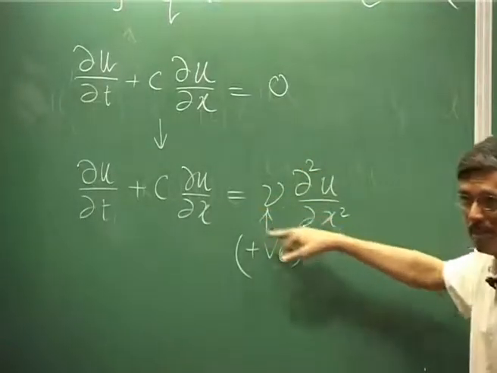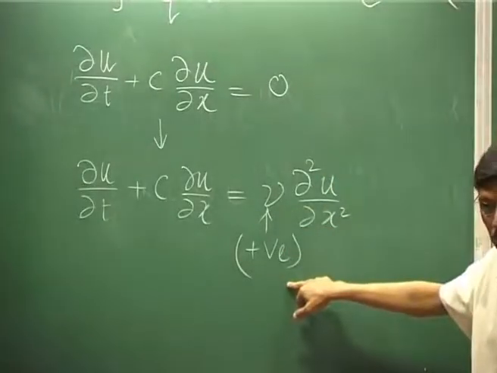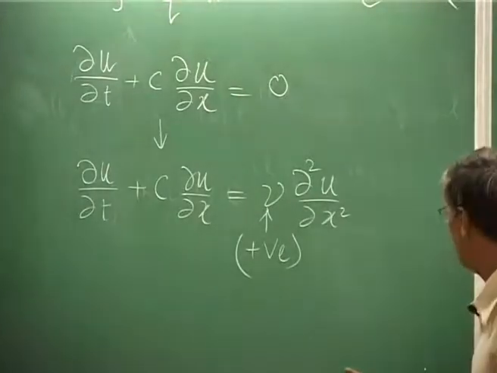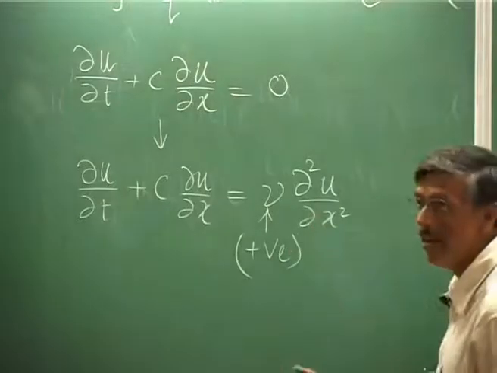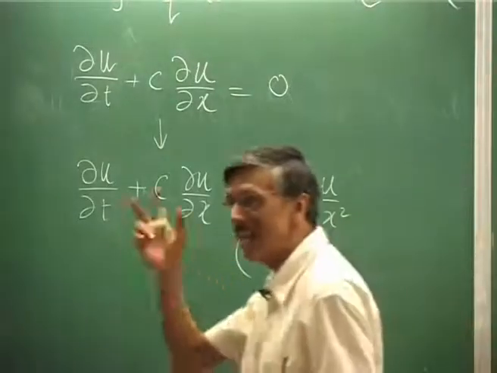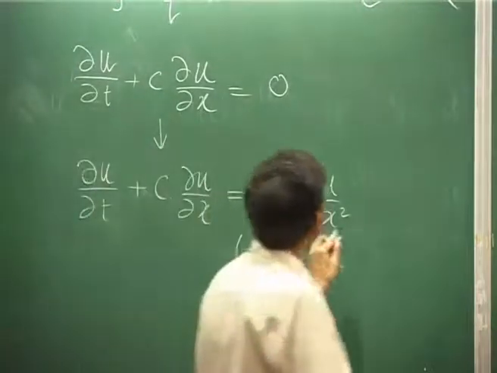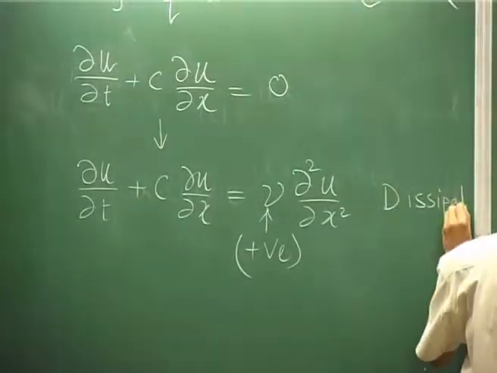I am actually adding a dissipative term only when nu is positive. If nu is negative, the way we are doing here, then instead of adding dissipation, we will be pumping in energy to the system, right. So this is what I would call a dissipative method.